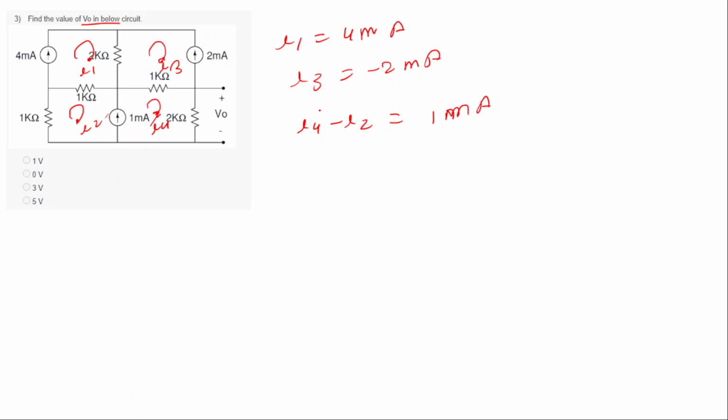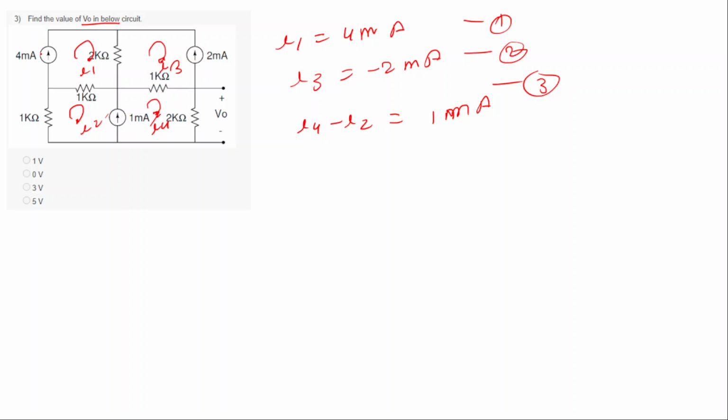Now let's apply mesh analysis. We have three equations, but four independent variables, so we need one more equation. Let's see how we can apply the KVL loop in this mesh formulation.